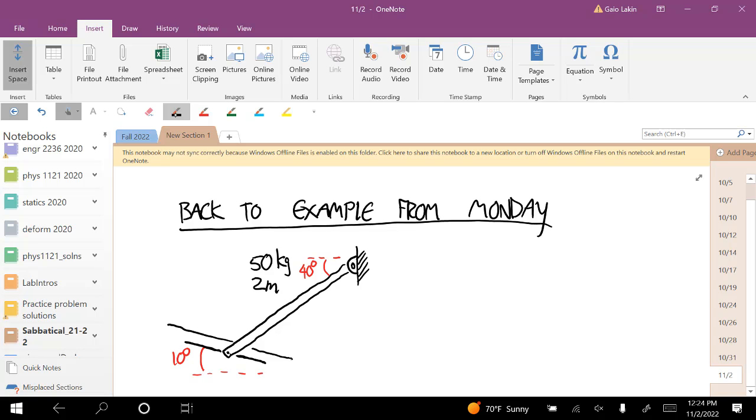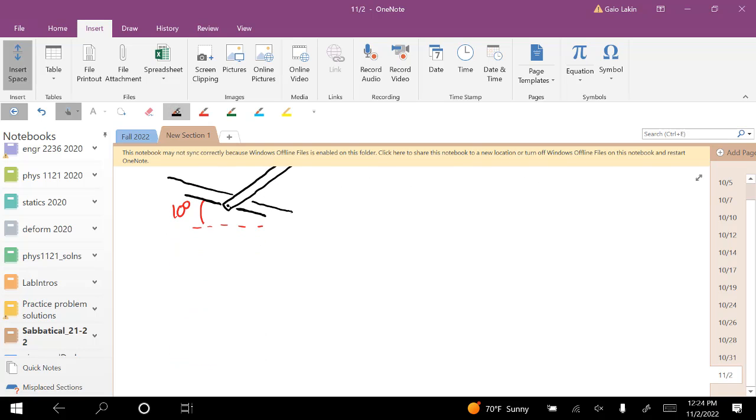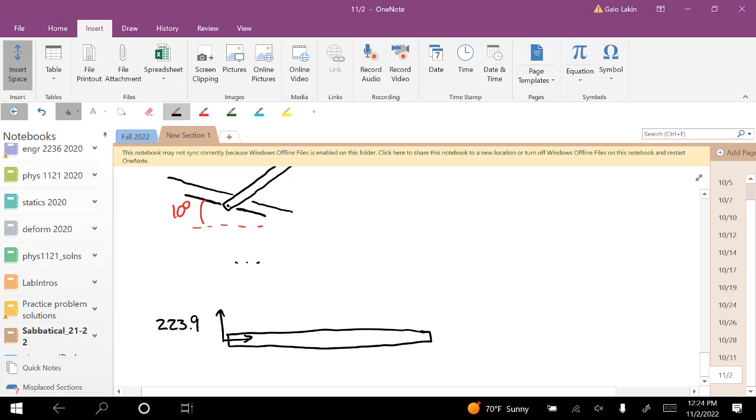And we calculated the external loads, and then we went through, used the rotation matrix to come up with, so here's what we came up with to start the internal loads calculation. 223.90, 187.87.